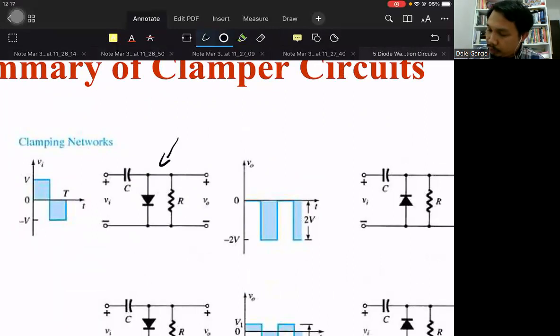So as you could remember, a clamper is just a shifting of the signal either upwards or downwards. So here, if we look at the zero origin, it is shifted downward. Virtually, our zero does not start there anymore. So the answer is that the signal is shifted downwards.